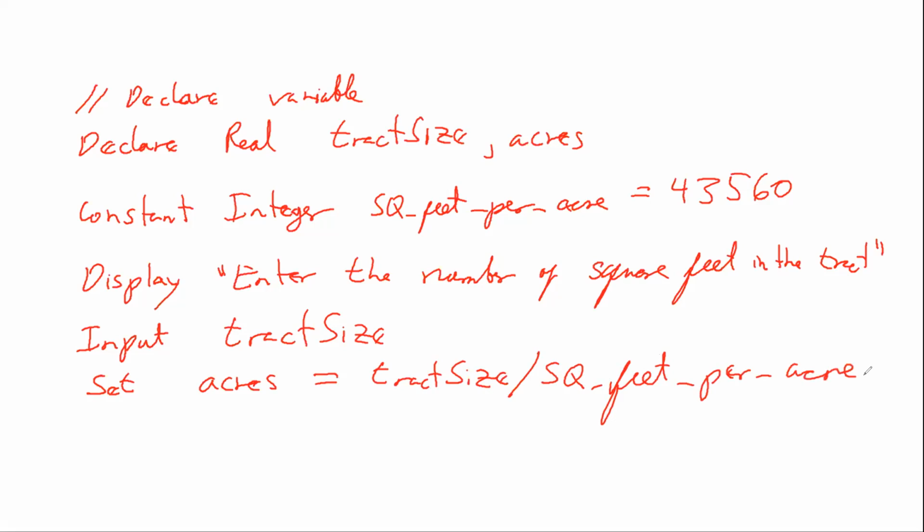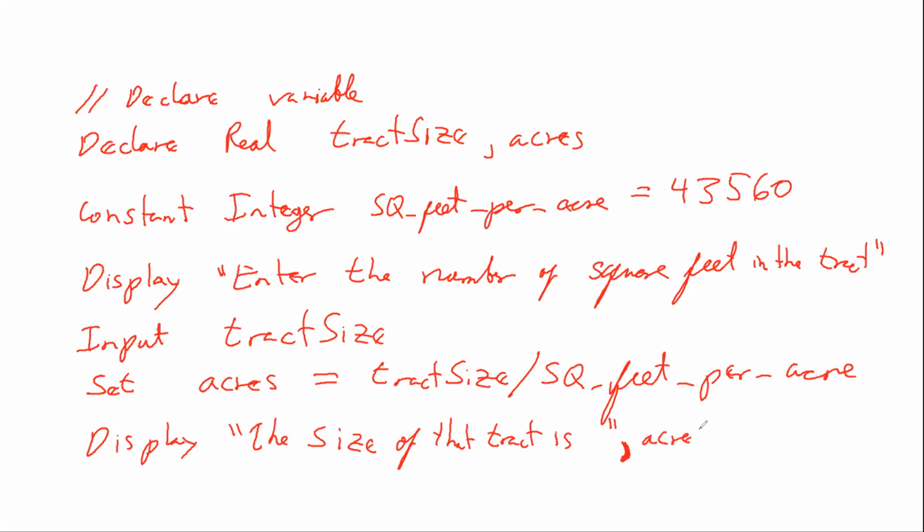Okay. And then the final step is to do display the size. And now here, somebody had that question, I'm going to try to fit everything in one line: the size of that tract is, notice the space, double quote, comma, acres, comma, double quote space, acres.